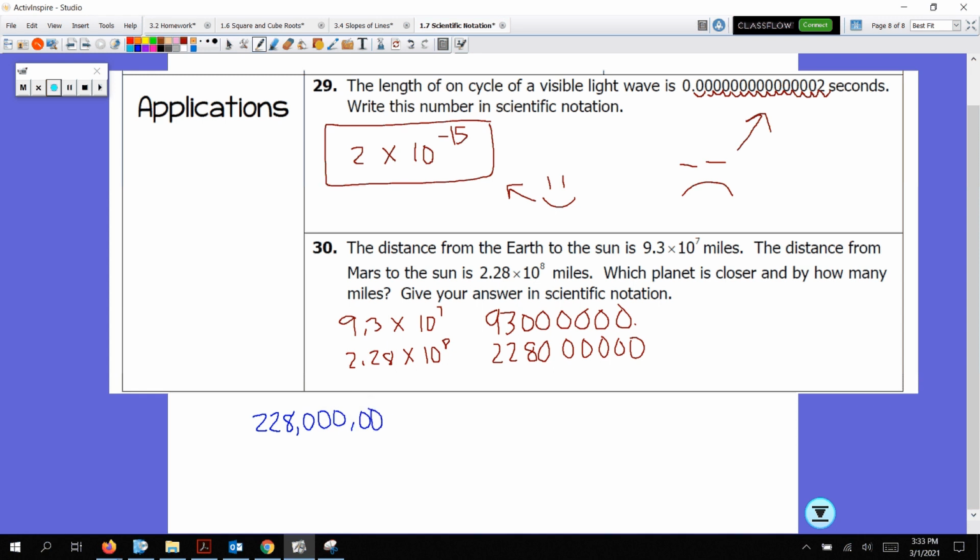Then we're going to subtract the distance from Earth to the Sun, which was 93 million miles away. I think I'm missing a 0 here on my other number. All right, when we put that in our fancy little calculators, we get a difference of 135 million. I'm so sorry, please forgive me. 135 million.